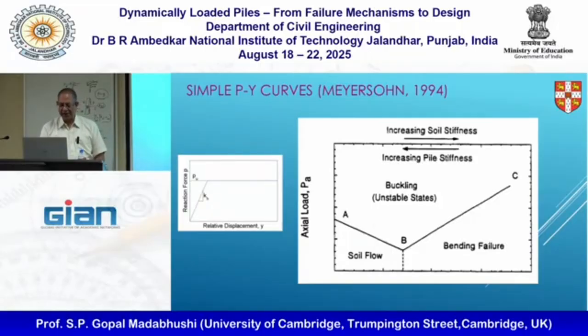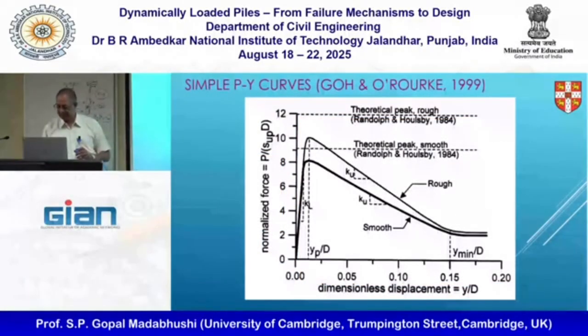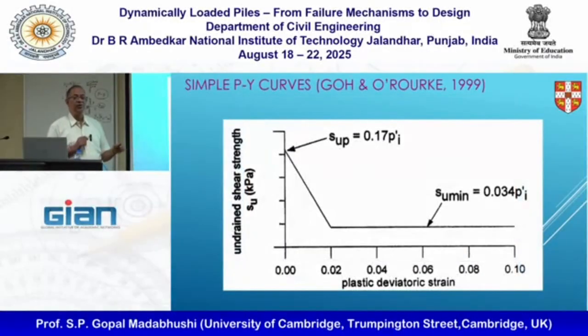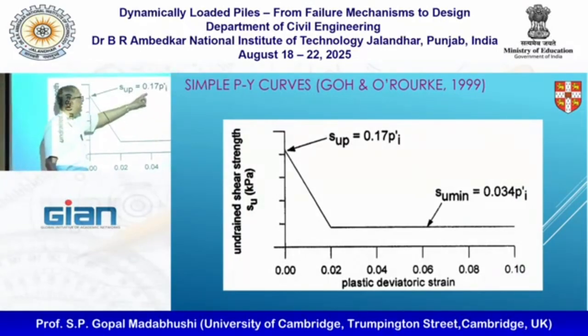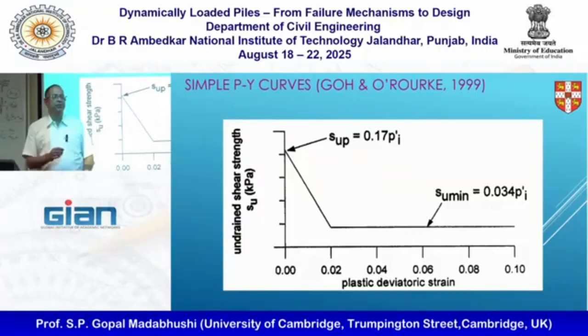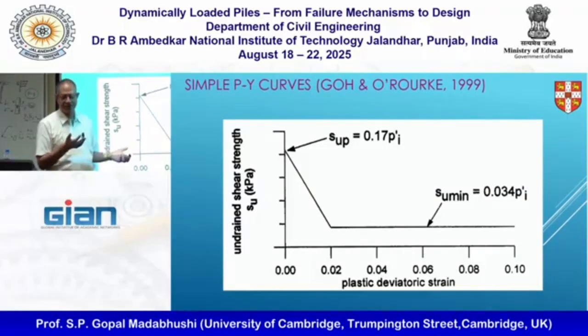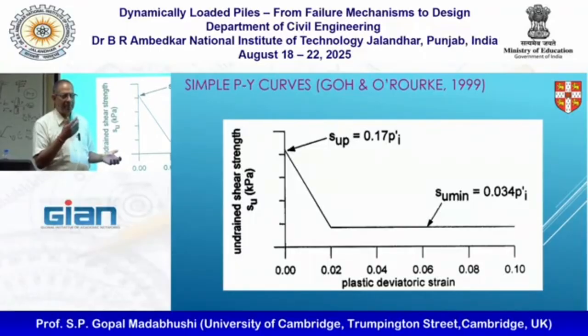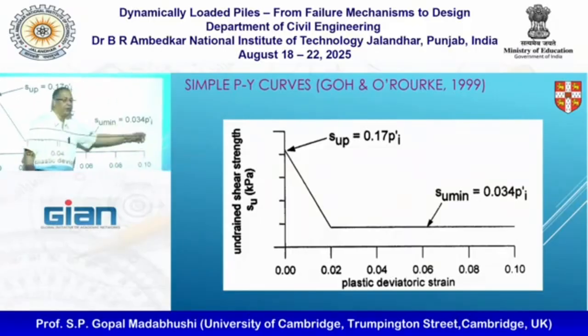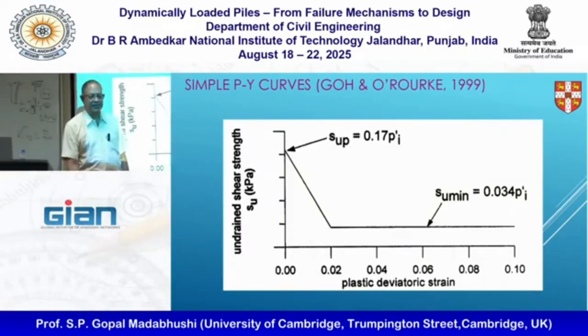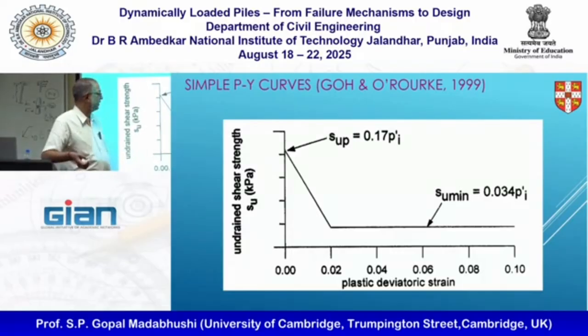They have this parameter SU, P, and residual value, right? SU minimum. They proposed this to work out how much they are. So the upper limit of SU, they say simply take that as 0.17 of the mean confining stress. The lower limit of that is 3.4% of the initial effective stress, mean confining stress.